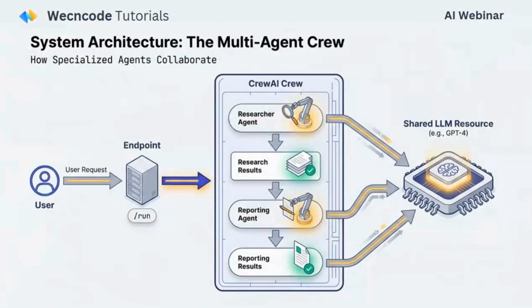So system architecture, the multi-agent crew, how specialized agents collaborate. What happens here is the user gives a request, it gets to an endpoint. Here, we have different crews for workflows. For example, in multi-agent workflows like this, you could decide to say, okay, I have a workflow that I could say, give me the recent happenings in agentic AI.